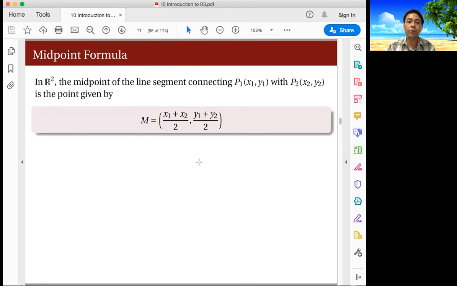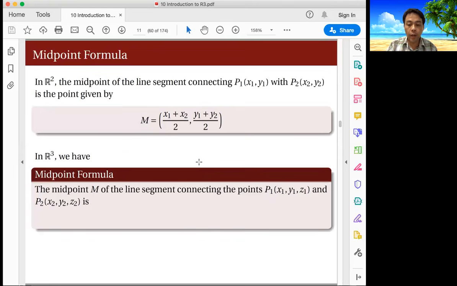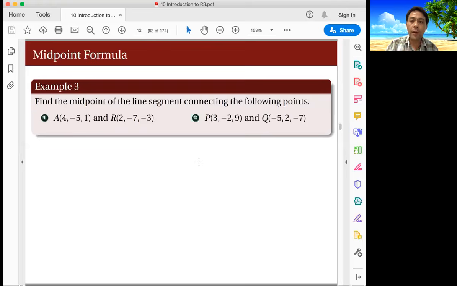So in three-dimensional space, all we do is extend the formula by including the third coordinate z. In R3, the midpoint formula is the average of the x's, the average of the y's, and the average of the z's. So for example, what is the midpoint of the line segment connecting the two points?